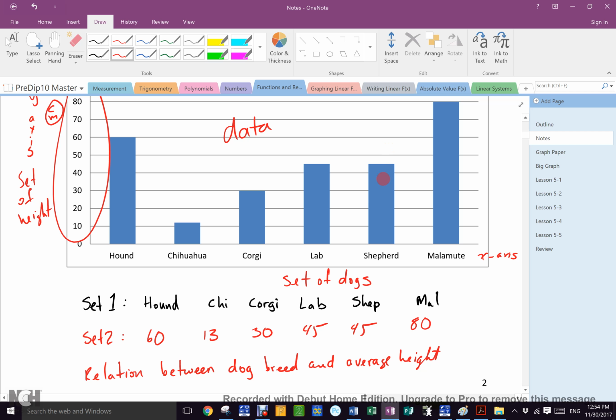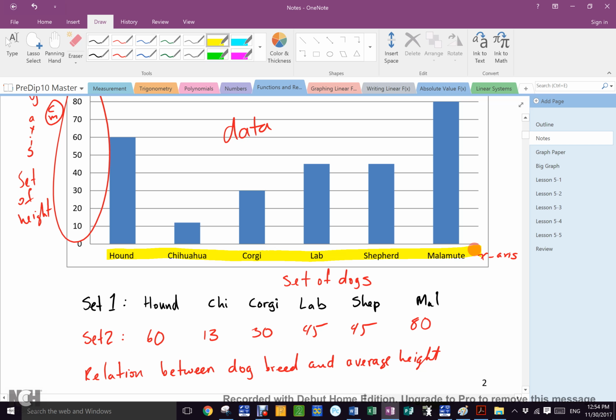If there was no shepherd here, could you tell me the dog that is 45 centimeters tall? Yes. If there was no lab there, could you tell me the dog that is 45 centimeters tall? Excellent. If I give you a dog name, can you tell me any of their heights? Yes.